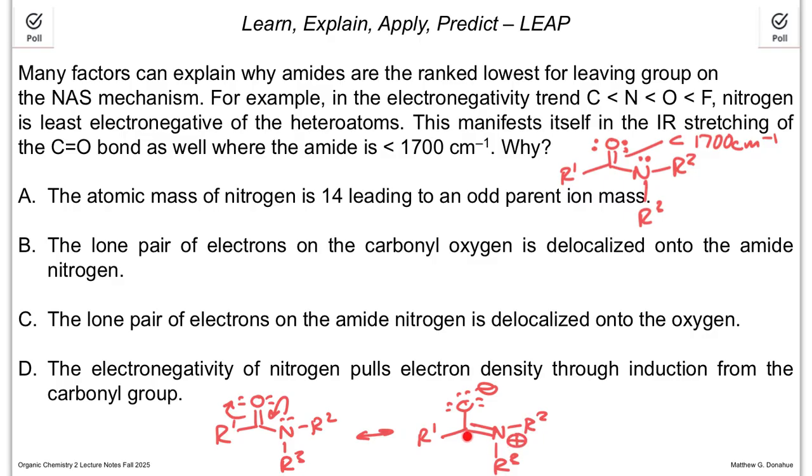And that CN bond is more double bond-like. So the reason the carbonyl falls below 1700 is it looks less like a normal carbonyl. And because this bond is now stronger, it is harder to substitute this N group, this amine group over here.